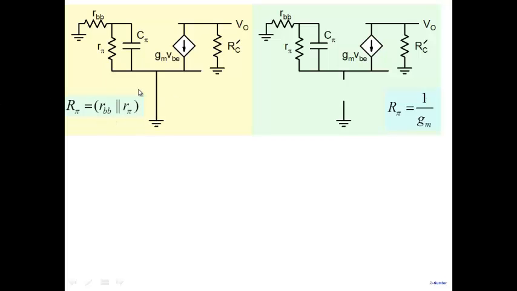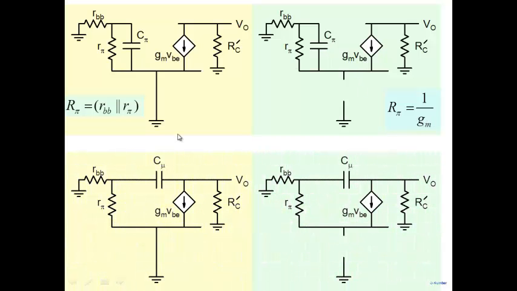You can see two extreme cases, when emitter is short and when emitter resistance is very large. You can see the impedance that my C pi sees in the two cases here. And it sees a very small impedance, so time constant is small and frequency response is high. Same thing you can see with respect to C mu. I have C mu with emitter ground and I have C mu with emitter open.